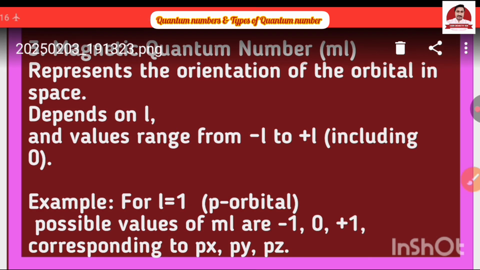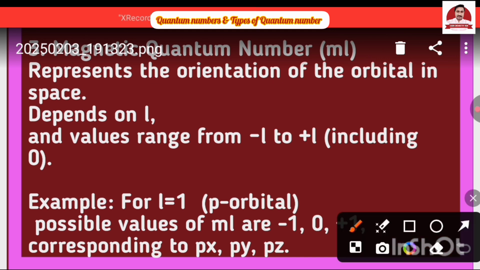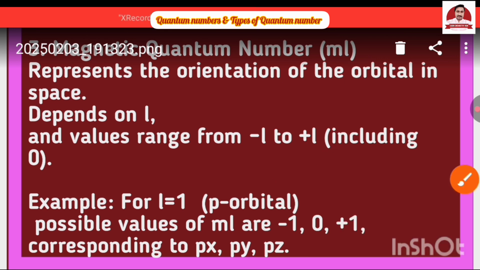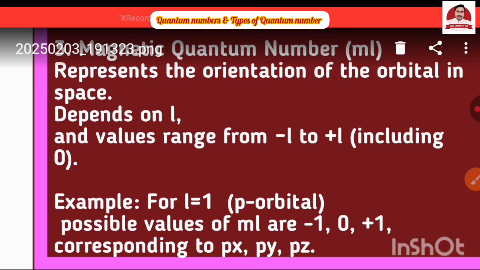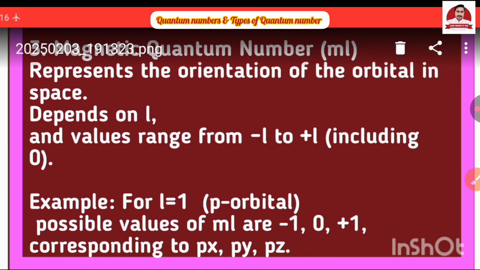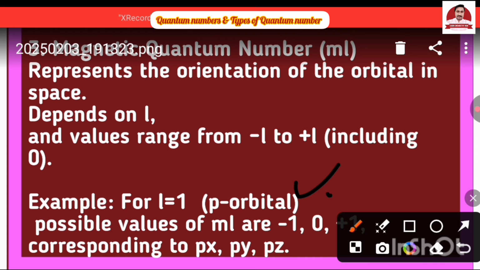For example, if L is equal to 1, then the orbital is p, and the possible values of ml when L is equal to 1 are minus 1, 0, and plus 1, because the ml value starts from minus L to plus L.